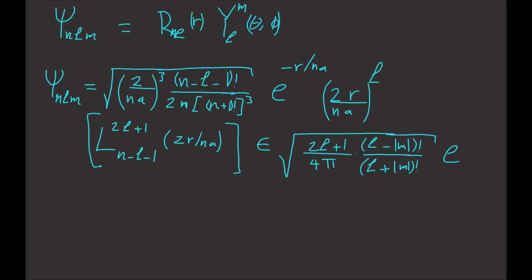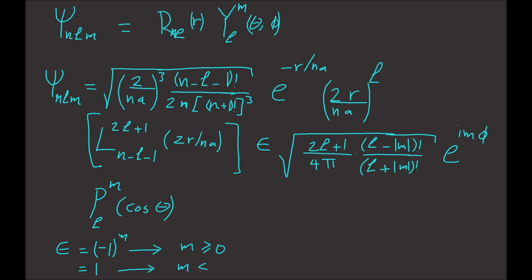Times the phi solution, which is very simple: e to the i m phi, times the associated Legendre polynomials, P sub l to the m of cosine of theta. I also want to mention that epsilon is equal to minus 1 to the m when m is greater than or equal to 0, and this is equal to 1 when m is less than or equal to 0.